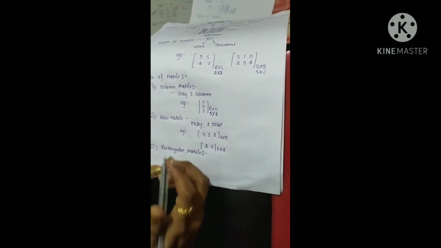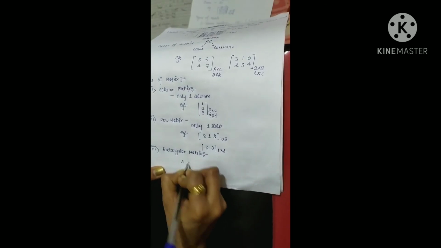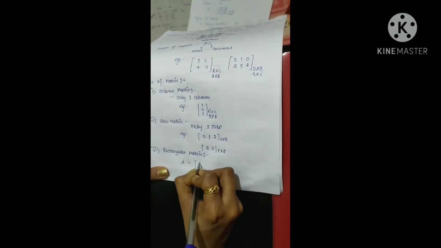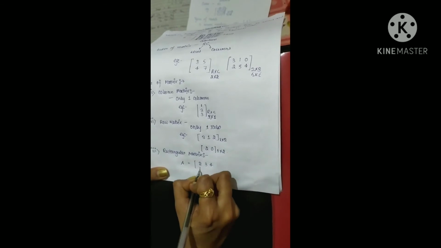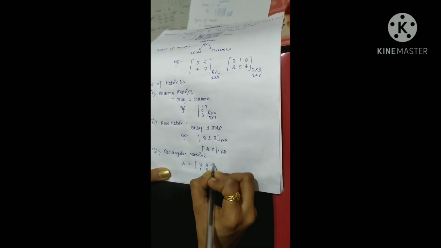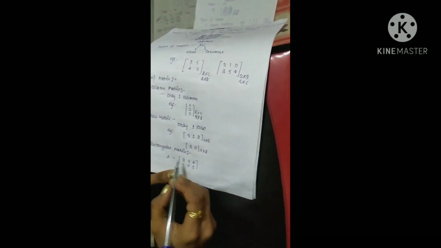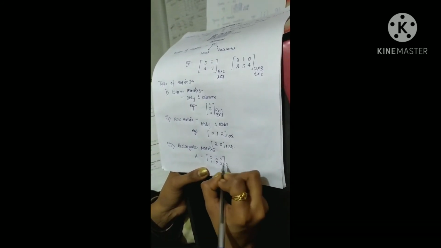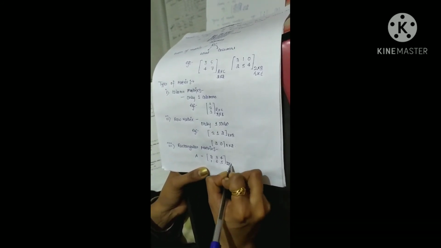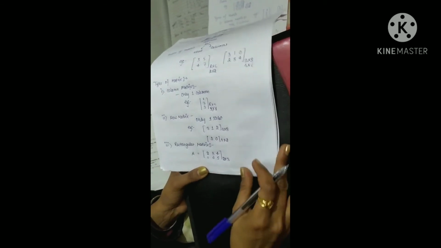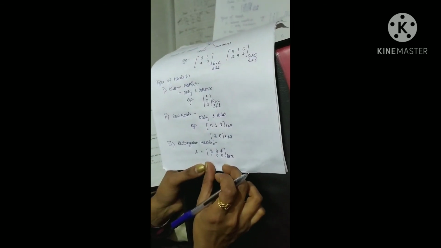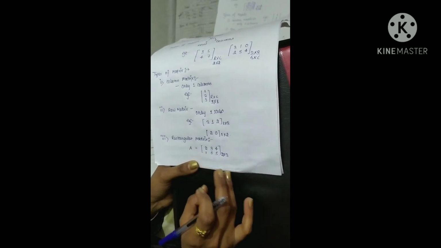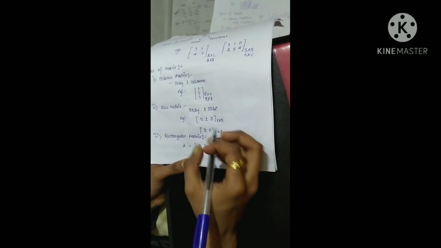For example, number of rows 2 and number of columns 3, means 2 cross 3. This is an example of a rectangular matrix in which number of rows and number of columns are not equal.